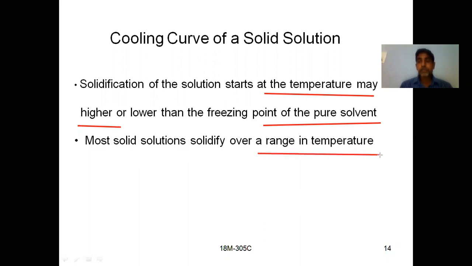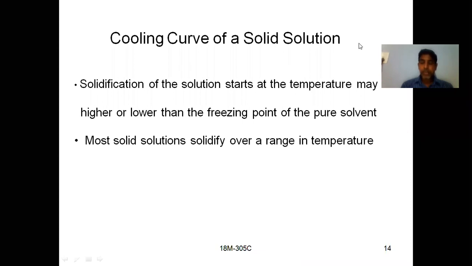This one is important. If you consider pure metals, solidification happens at a definite point, but here you are having a range of temperature, from here to here. You are not having a particular exact point. I will show you how it will be.